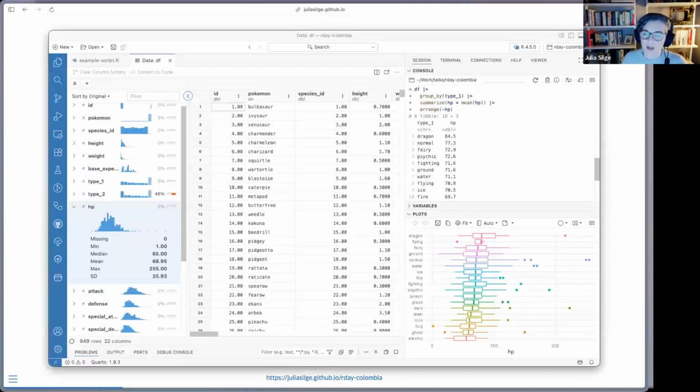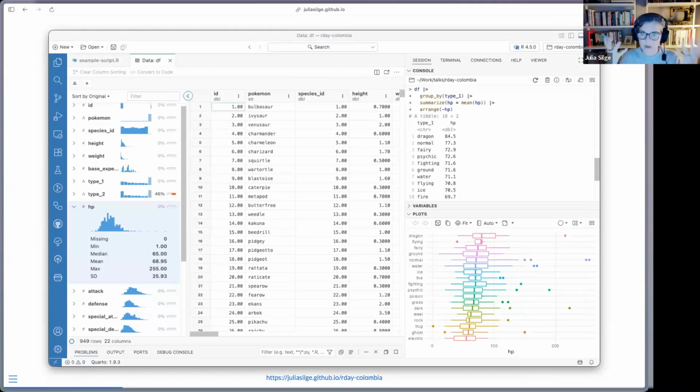And in Positron, it may end up looking something like this. Over on the right is the console, on the top right, where I've been typing my R code and running it. I've been making some visualizations, and so I see those there on the bottom in the plots pane. And then I've opened up my data in the Data Explorer, which is like what you would do with View.